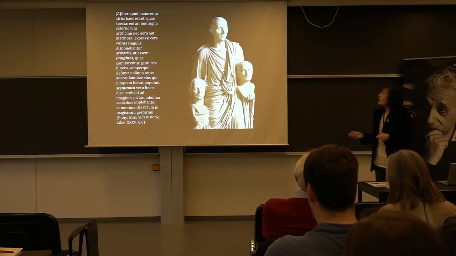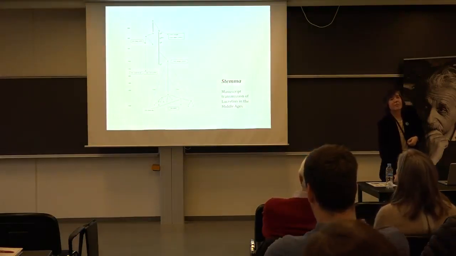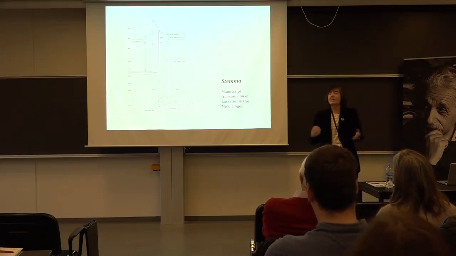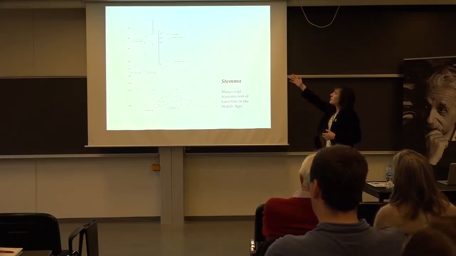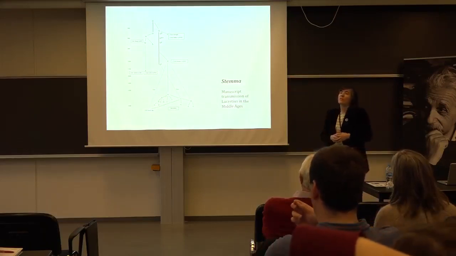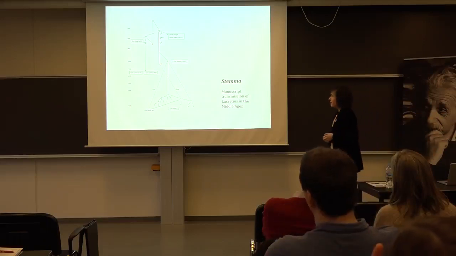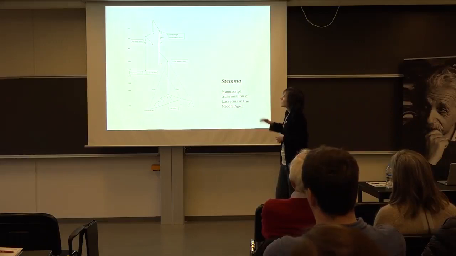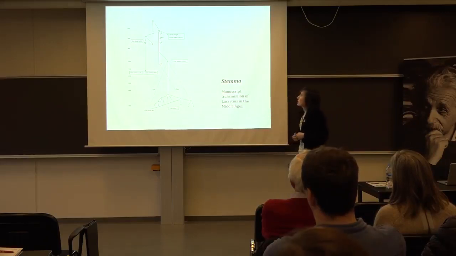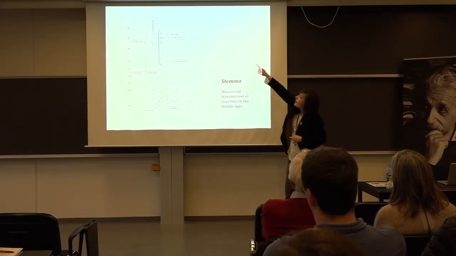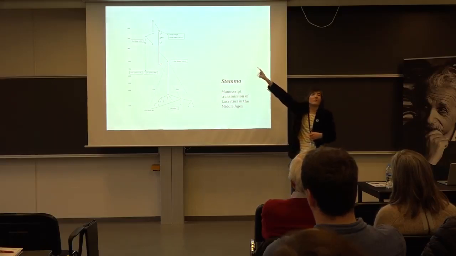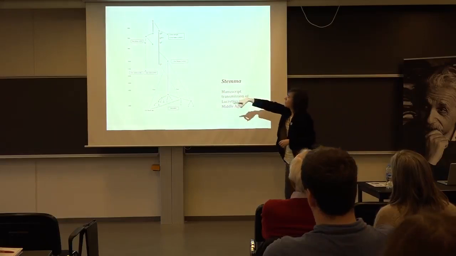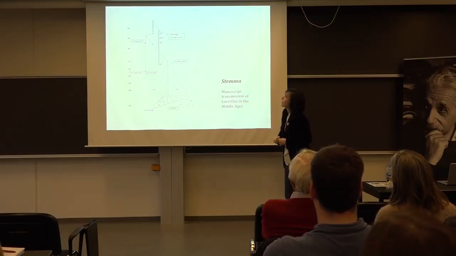And funnily enough, this is the same procedure we still use when trying to explain the relations between manuscripts and to explain the history of the transmission of a text in the Middle Ages. So, for instance, this is an example of the transmission of the work of Lucretius in the Middle Ages. Up top you have the supposed archetype from which all other witnesses descend, and their relations are explained by those lines.